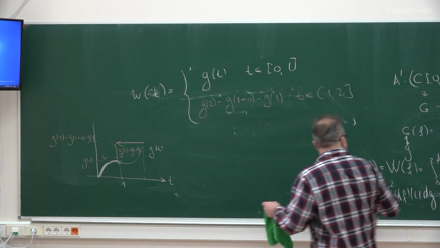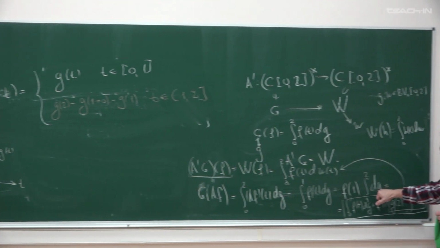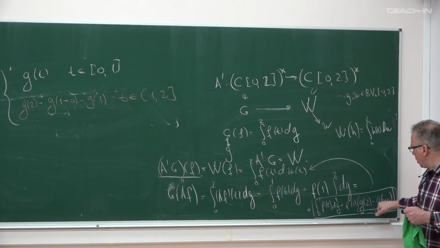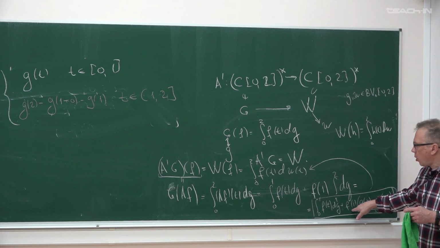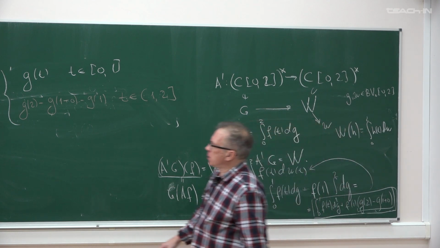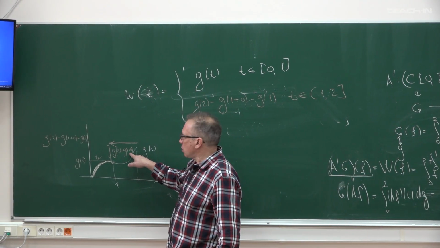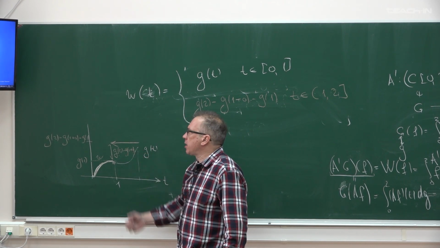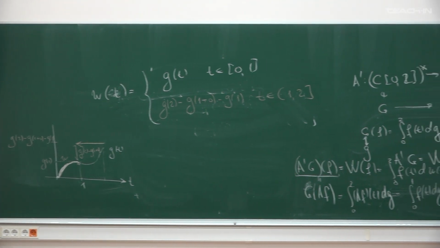So when we calculate this integral, we integrate the differential of g, so it equals this difference. It is the coefficient for f of 1. This coefficient tells us what the jump must be at point 1. I need to write the right limit, because here I obtain the right limit for function g.